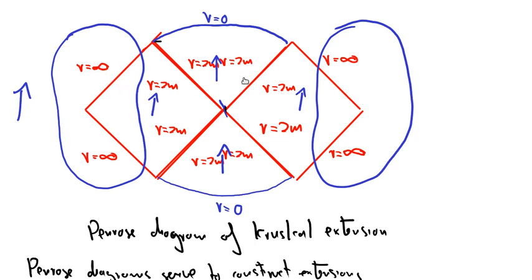So when that happens, we suspect that we have an asymptotically flat region. This is not a formal proof, but the diagram allows us to say that we have asymptotically flat regions.